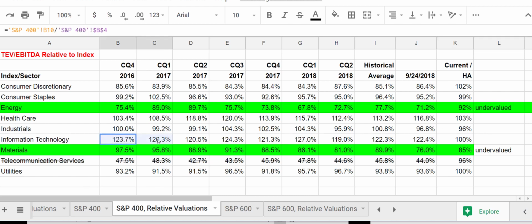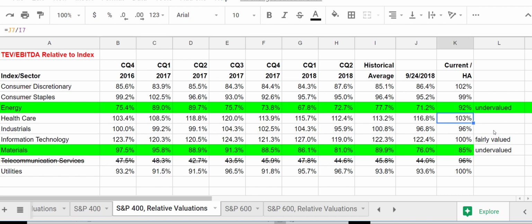Information technology has historically traded at a premium, but right now it is not trading at a higher premium than it has historically. It trades at 122.4%, and the historical average is 122.3. So I would just say this is fairly valued based on our information. It looks like healthcare is maybe slightly overvalued.